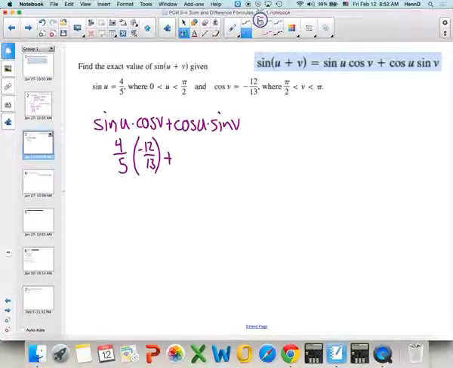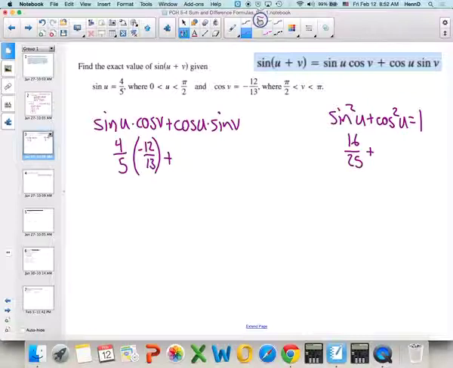If we use the Pythagorean identity, we know sine squared u plus cosine squared u equals 1. Sine squared u is 16/25. We subtract, and that's 9/25. So what is cosine? It could be plus or minus 3/5.